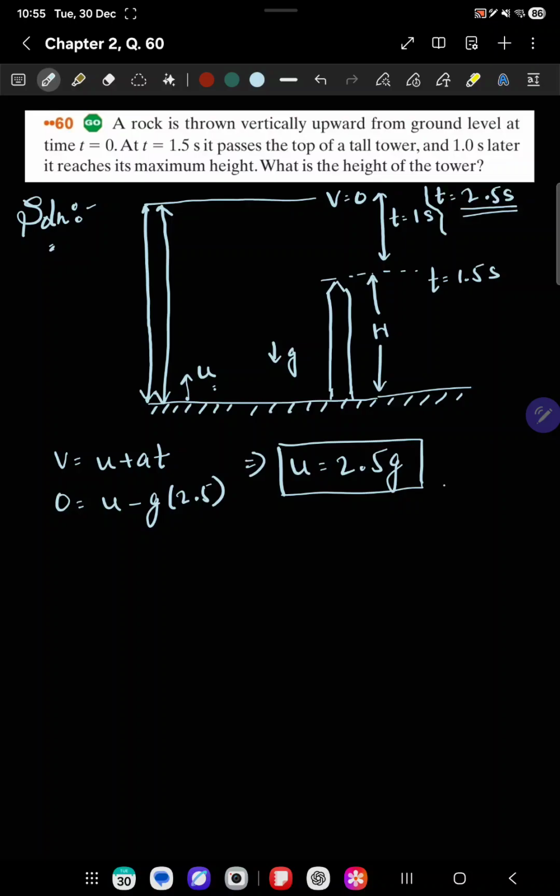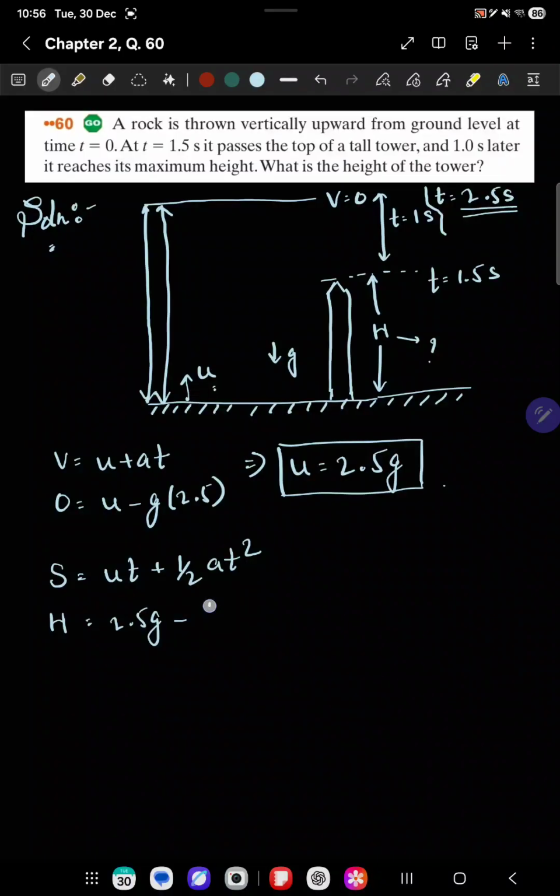Now we have to calculate this height h, right? So I'm writing the second equation, s equals ut plus half at square, right? This s is here given as h, this u we have already calculated as 2.5 g, this t, the time taken to reach this height h, is 1.5 seconds.